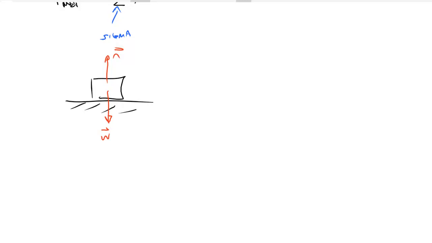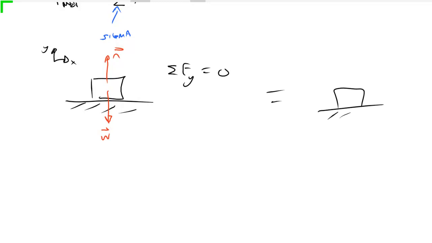If these are equal magnitudes, then the sum of the forces in the y direction is equal to 0, because these had equal magnitudes. And so the net force is 0. So this picture is equivalent to this picture here, in which there is no force whatsoever acting on the box. If these forces cancel, it's just like there not being a force at all.